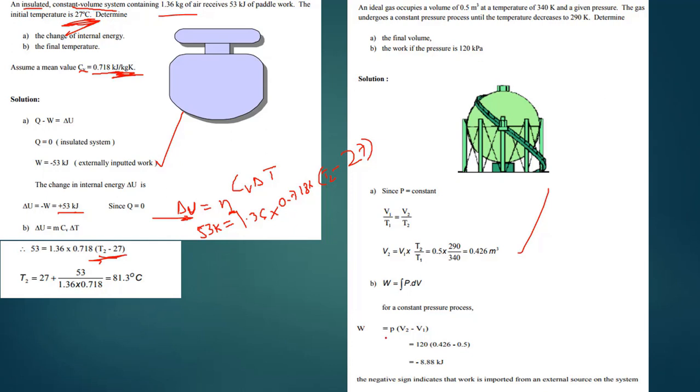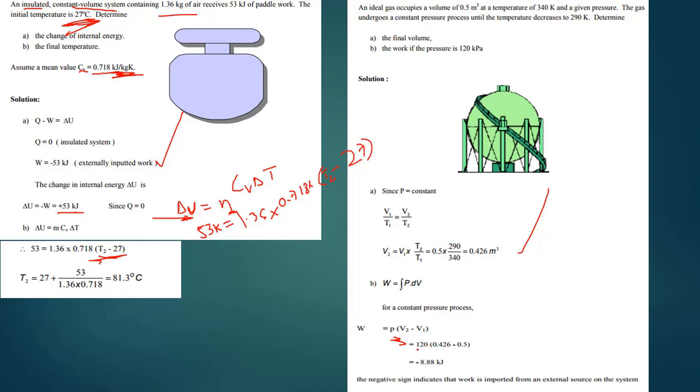Tumesema work done ni sawa na pressure times change in volume, okay? Work done for isobaric process sasa ni sawa na pressure times change in volume. So pressure is given, okay?